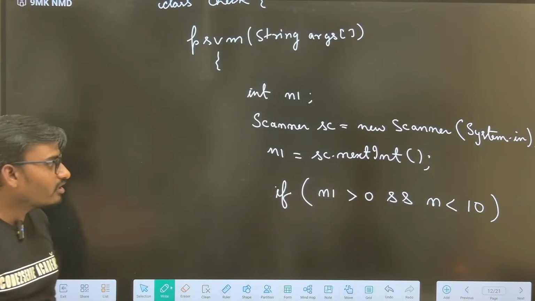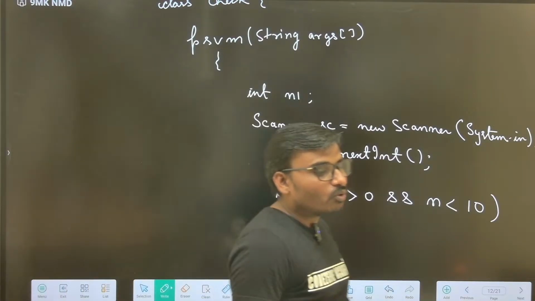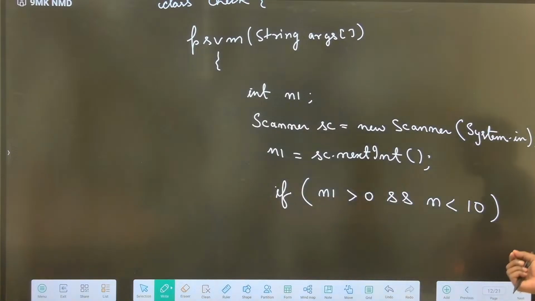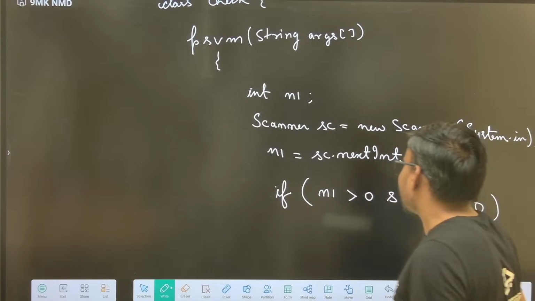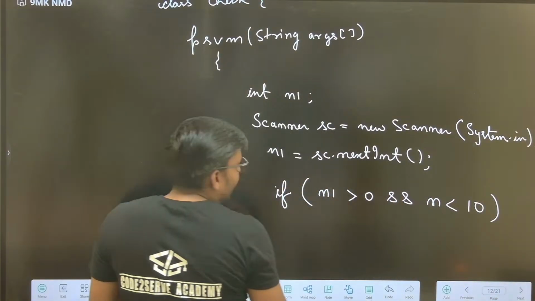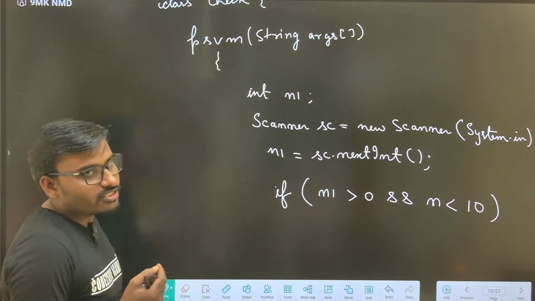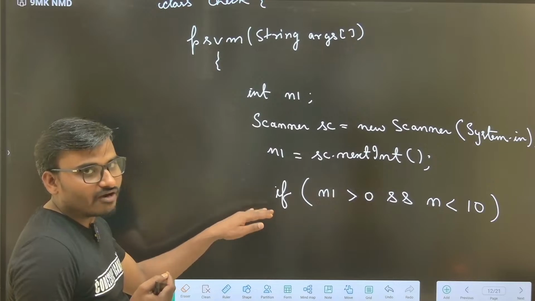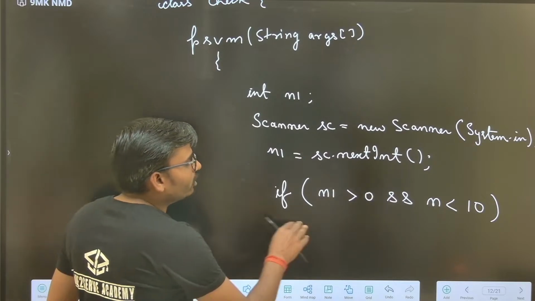Okay. So you can only say whether it is a single digit or not, when the value is greater than 0 and it is less than or equal to 9. All right. After this, as we learned in the conditional construct, if you want to write a logic after if, so here we want only one line.